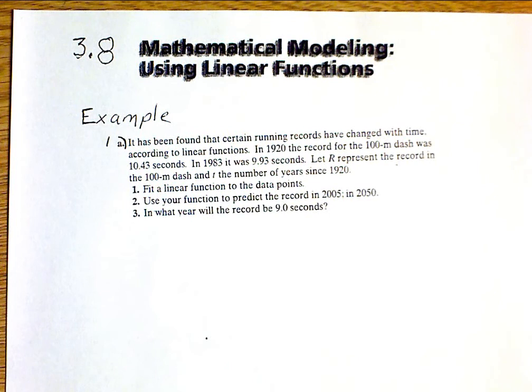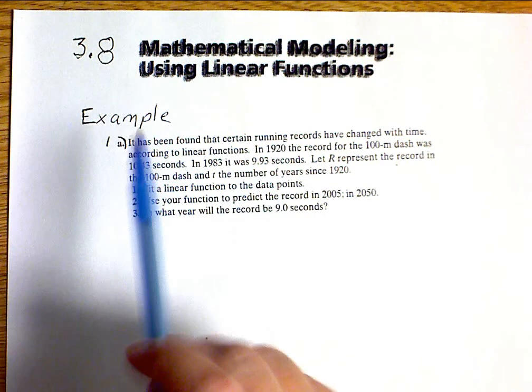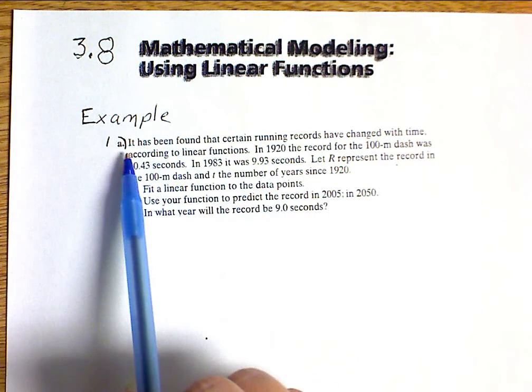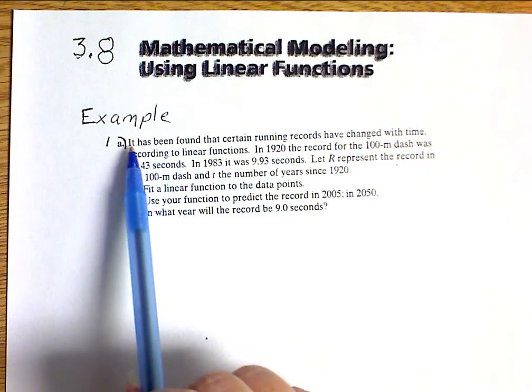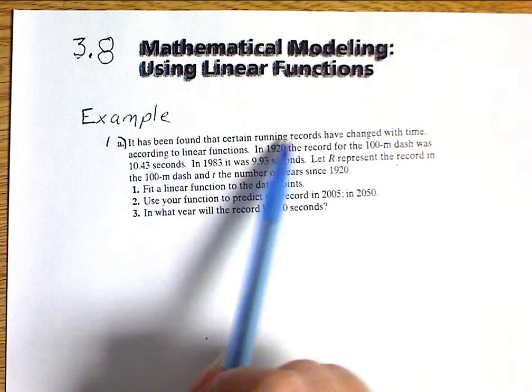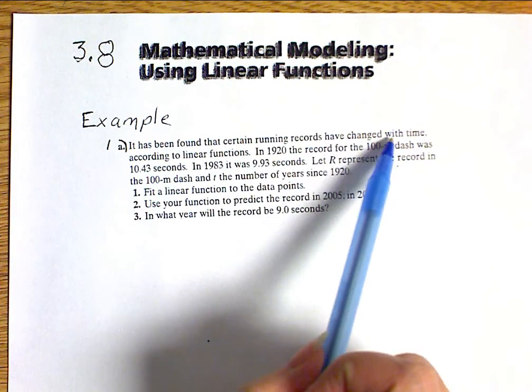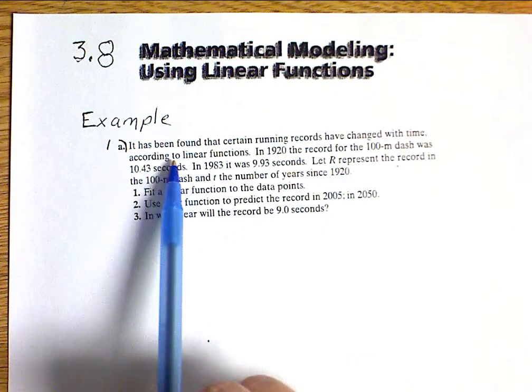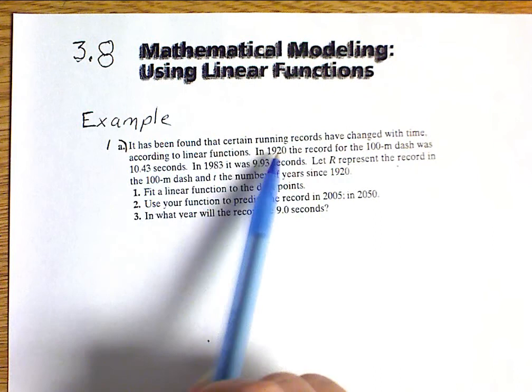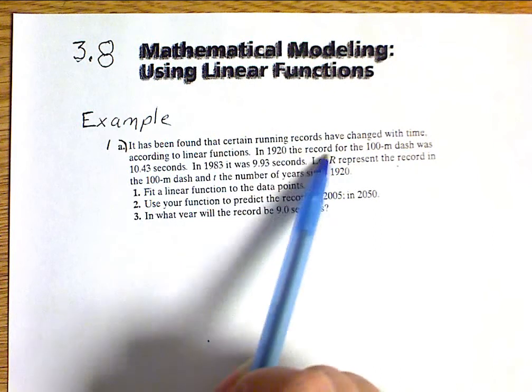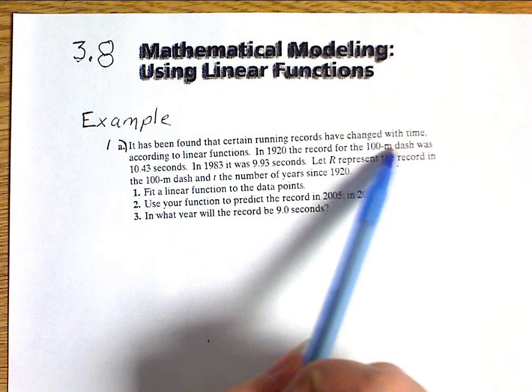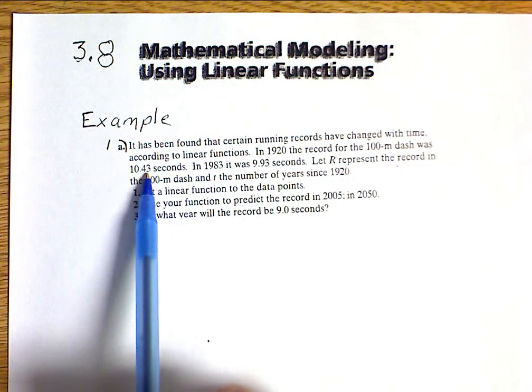So the first thing we have, and hopefully this looks familiar because you were supposed to read this yesterday, says: it has been found that a certain running record has changed with time according to a linear function. In 1920, the record for the 100-meter dash was 10.43 seconds.